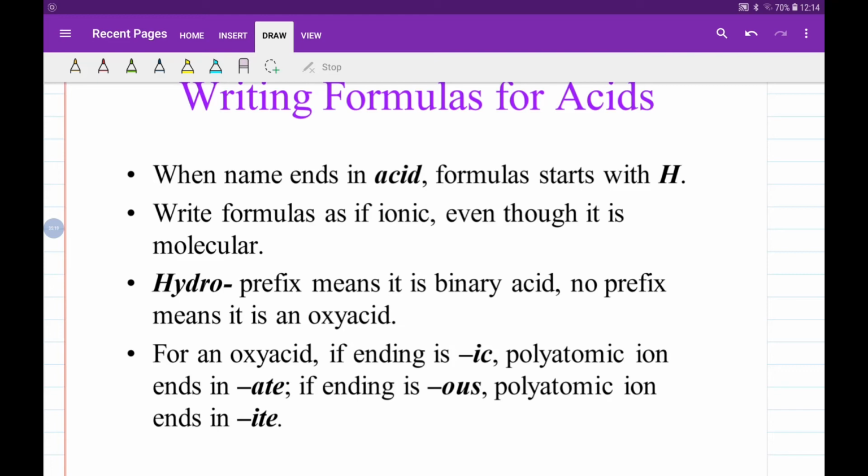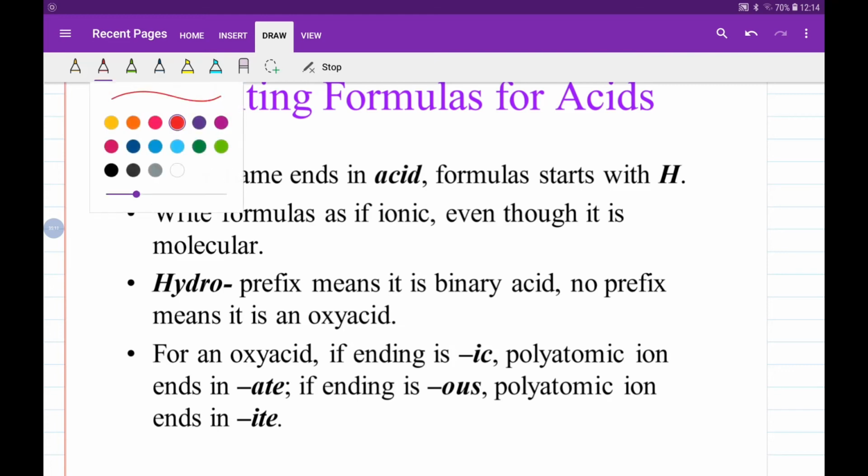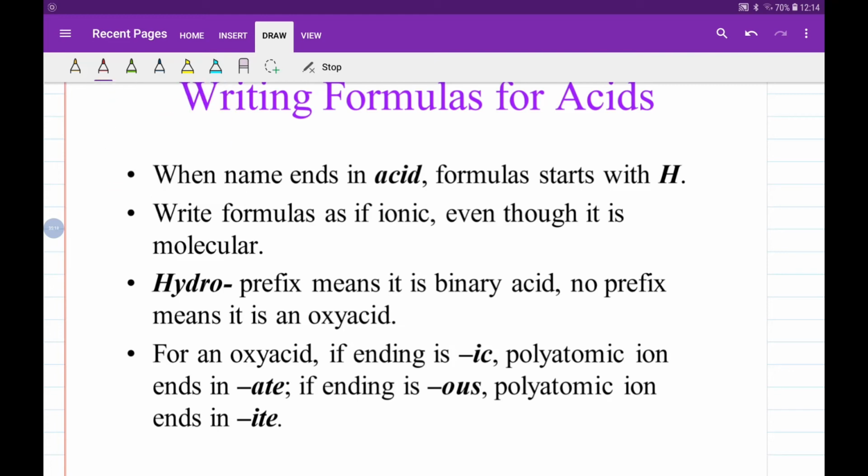Anytime the name ends with acid, then the formula must start with an H. You write the formula as you write an ionic compound. In other words, you need to match the number of H's of what you think the charge is going to be on the anion. Even though it's a molecular compound, it helps thinking of it that way.